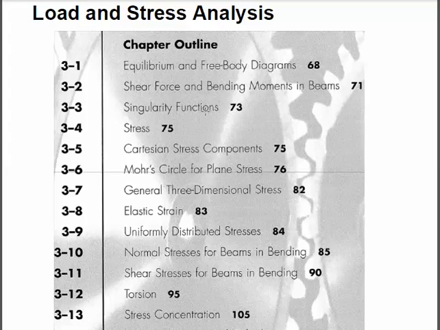Singularity functions, we talked about more in Chapter 4, but the definition of the singularity functions appears in Chapter 3, so we'll grab those out of here. Talking about stress, Cartesian stress components in Mohr's circle and 3D stresses in Mohr's circle, absolutely that will be on the test.